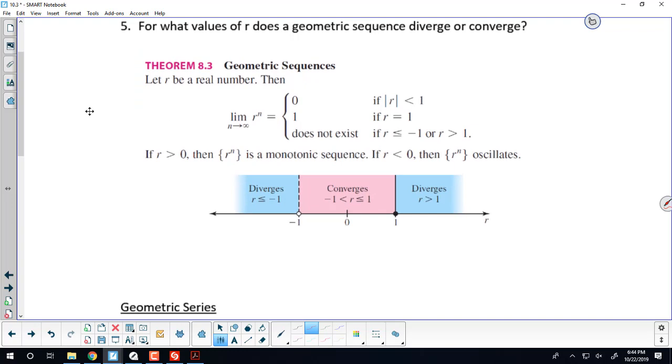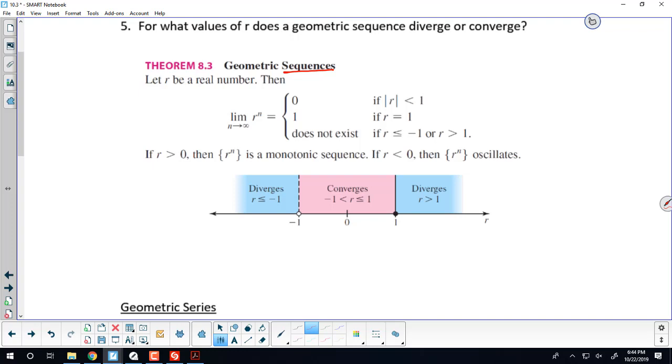That's a fancy way to say what they're showing in this picture here, right? If the common ratio is less than or equal to 1, and remember this is for a sequence, but greater than negative 1, the geometric sequence will converge.